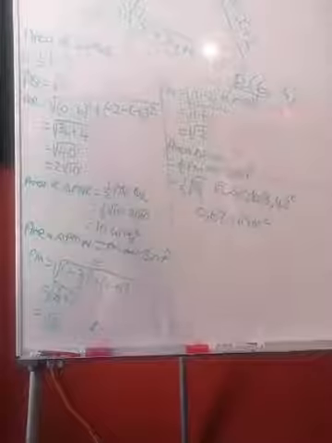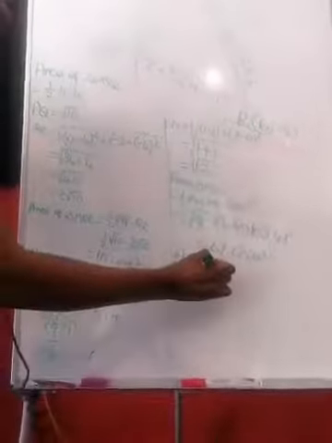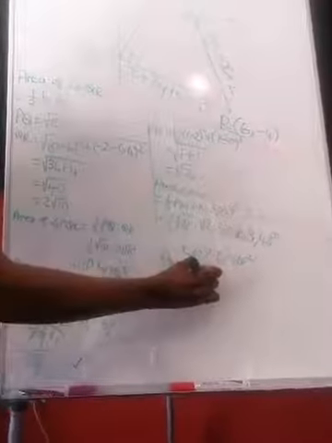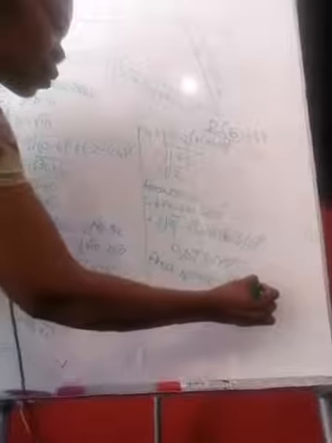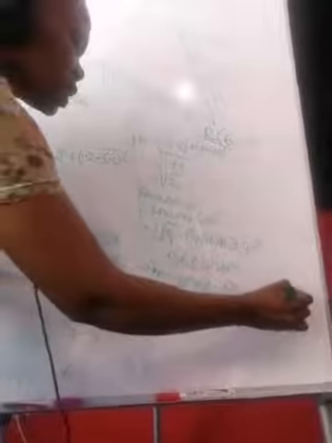So now we can find the area of quadrilateral QMNR. So the area of quadrilateral QMNR will be the area of triangle PQR minus the area of triangle PMN.